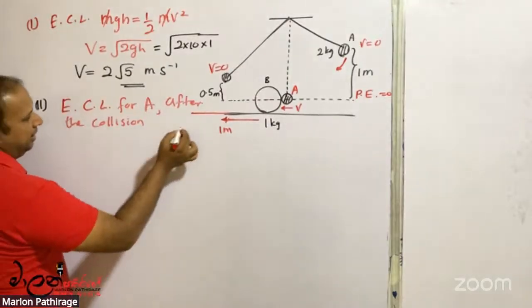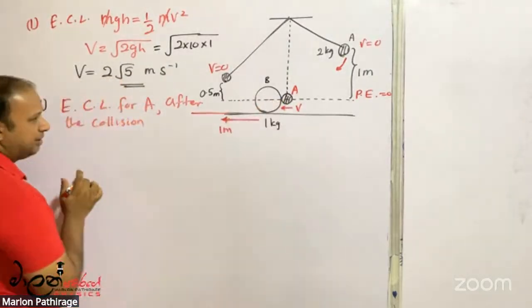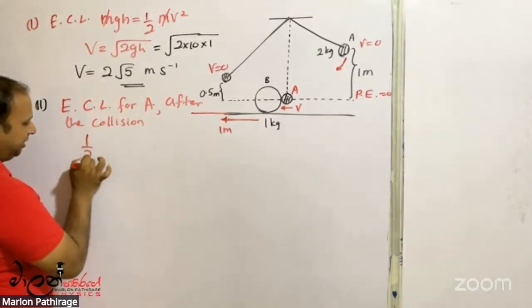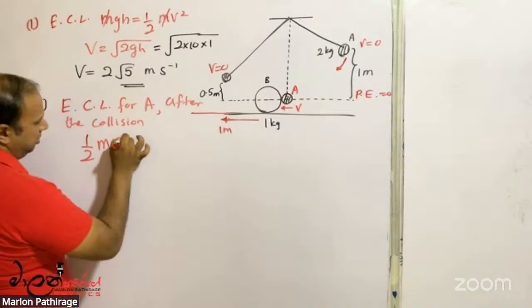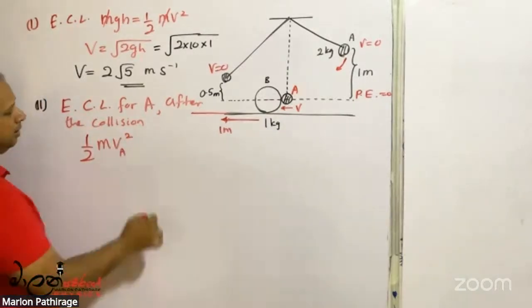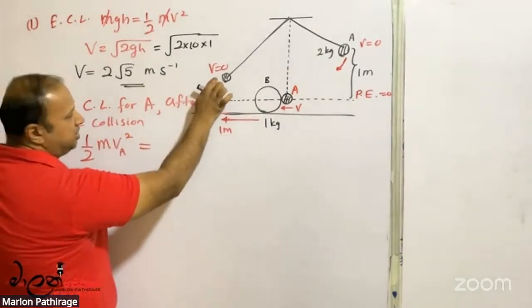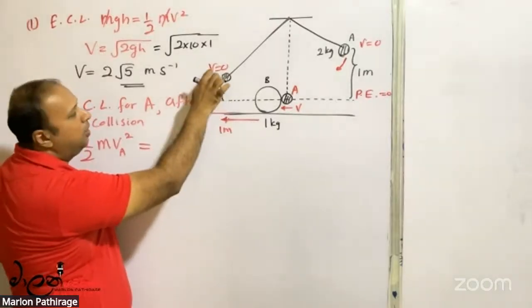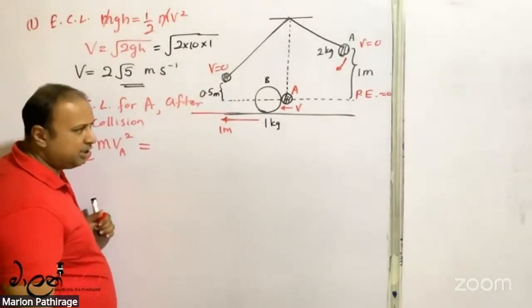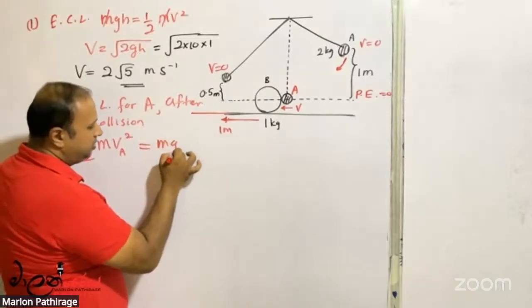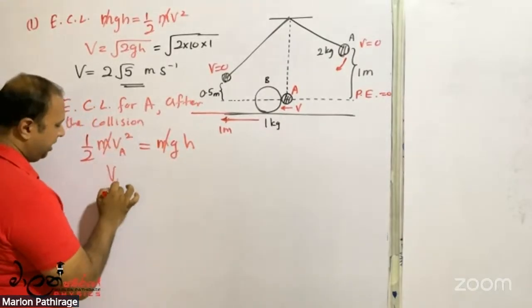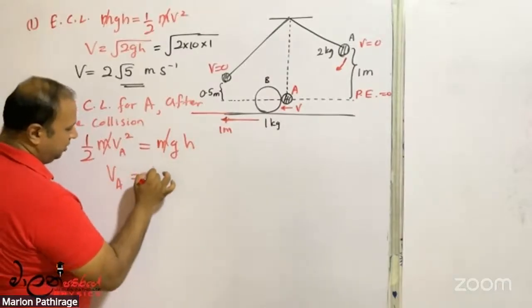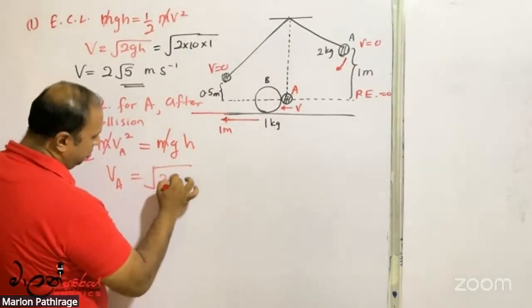So here it has kinetic energy initially. At this position, velocity becomes 0. That means it has potential energy only, gh. The m will be cancelled out. Therefore, VA is equal to square root of 2gh.